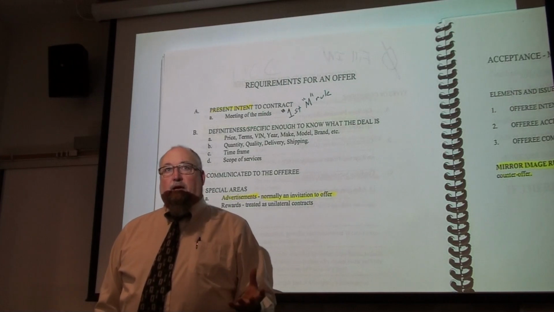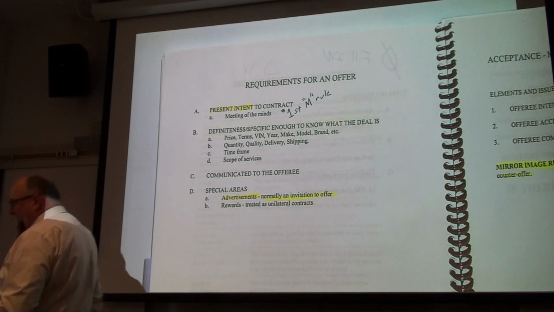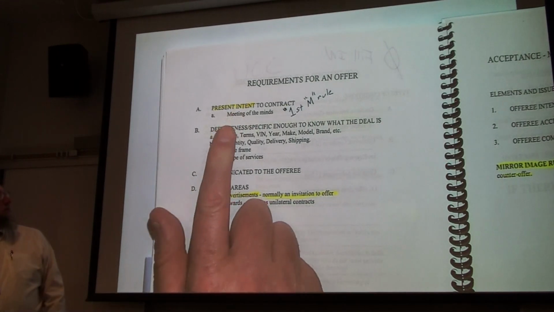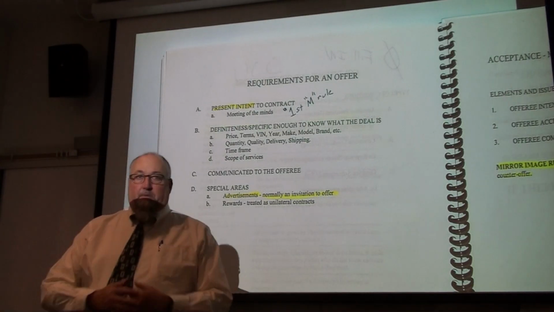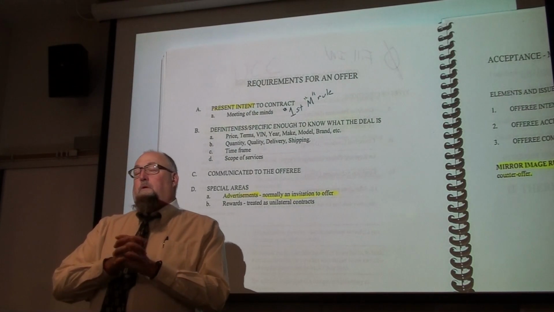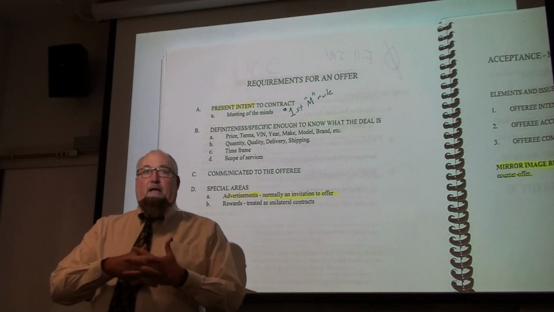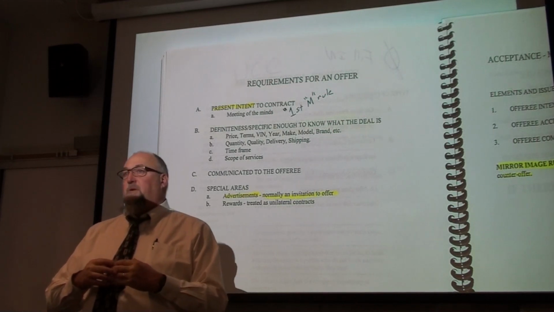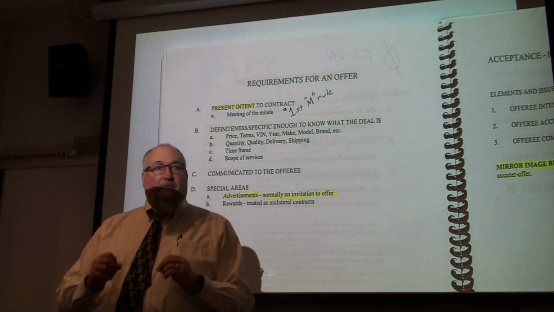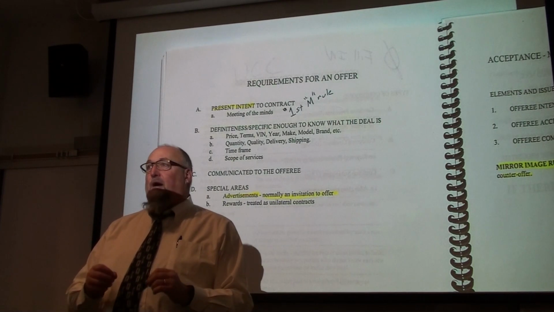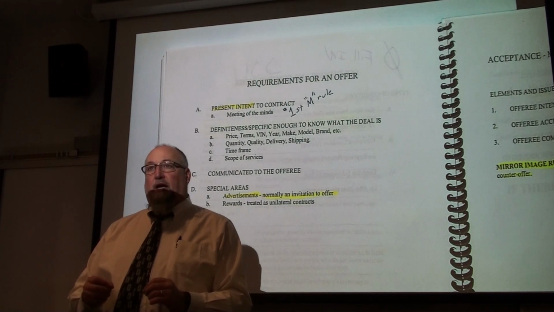So let's take a look at the basic idea of what we mean by an offer. So first of all, right here, letter A, when I make a statement, it must be my intent. In other words, it must be my purpose, my goal, that when I make that statement, that I want to enter into a contract.